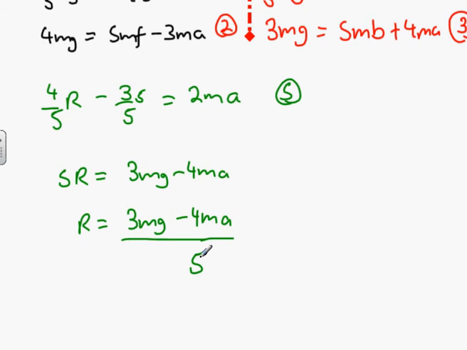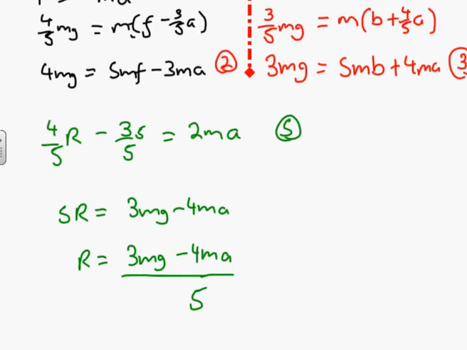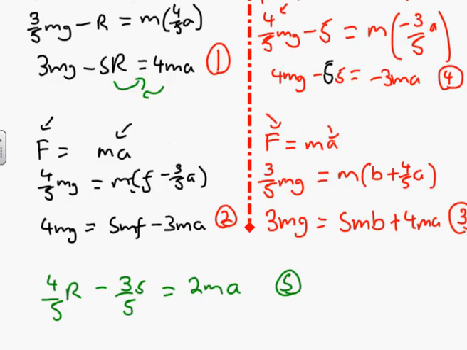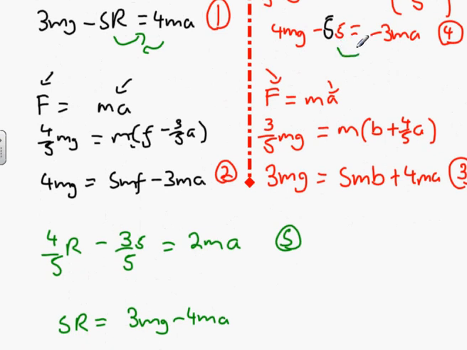Now, the next one after that is we've got to figure out what S is on its own. What is S on its own? It's over here, so bring the 5s to the left and the 3ma to the right.